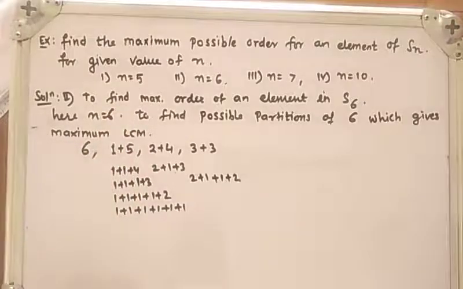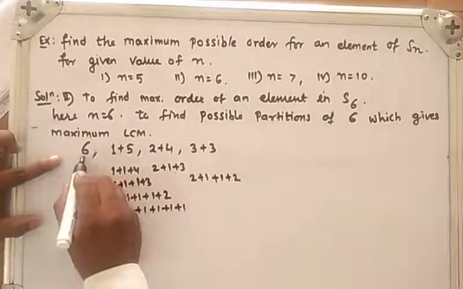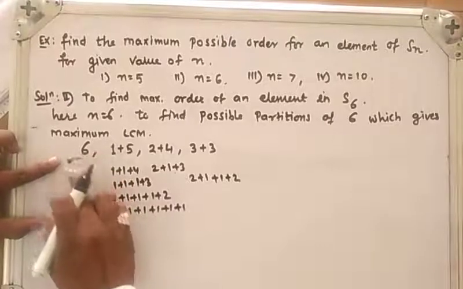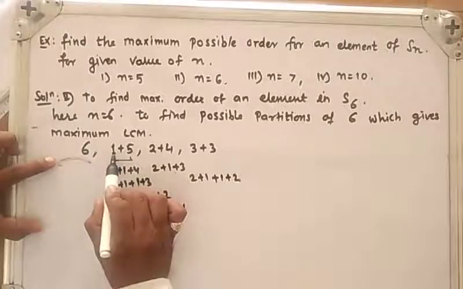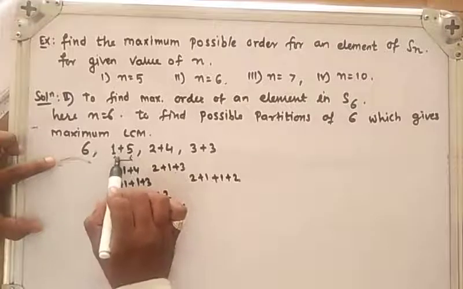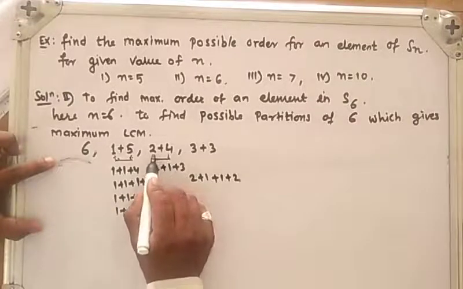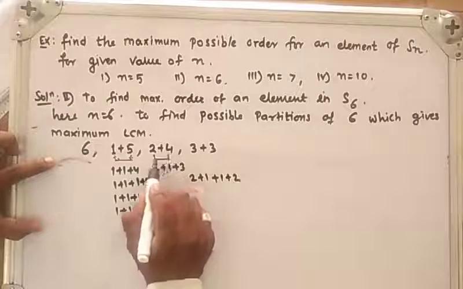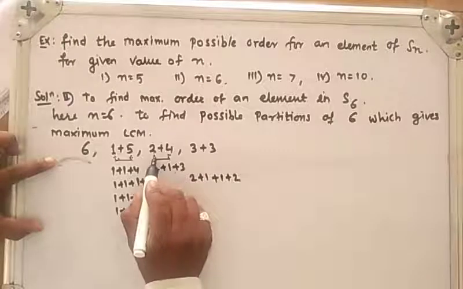Among these partitions, which partition gives the maximum LCM? Here if I take 6, only one cycle of length 6, it gives order 6. If I take 2 cycles, the first having only one element and the second having 5 elements, the LCM of these two will be 5. If I take 2 cycles, the first having 2 elements and the second having 4 elements, the LCM of 2 and 4 is 4.